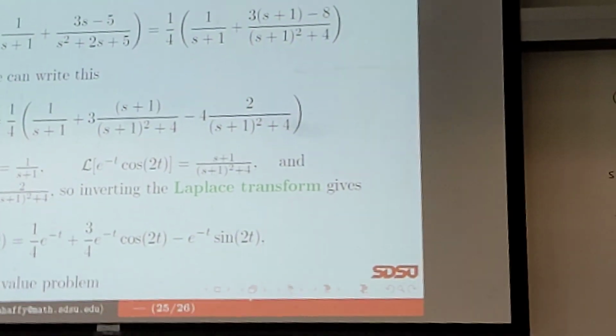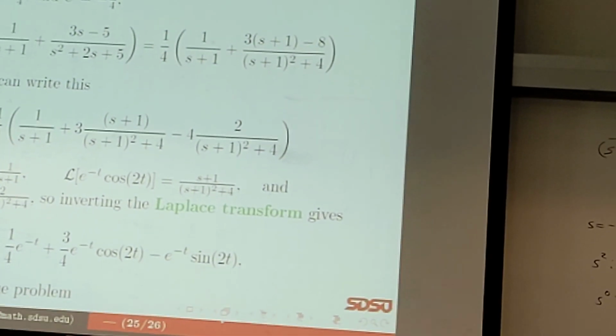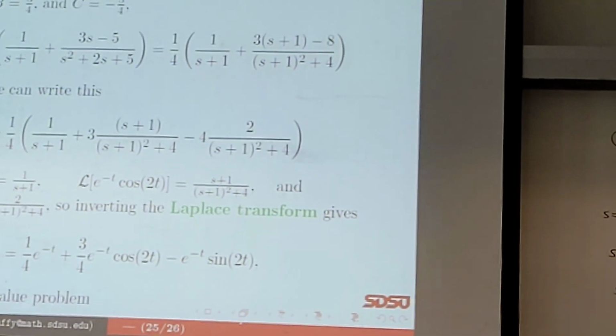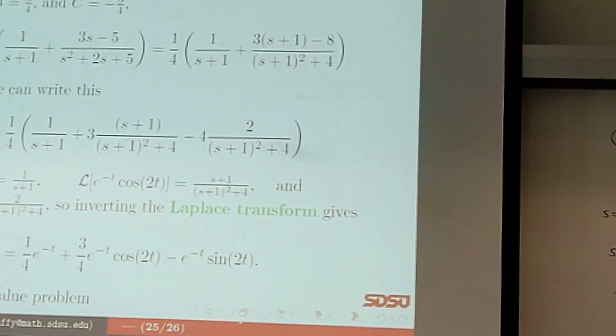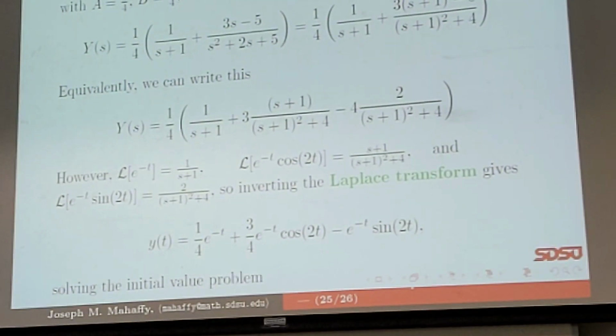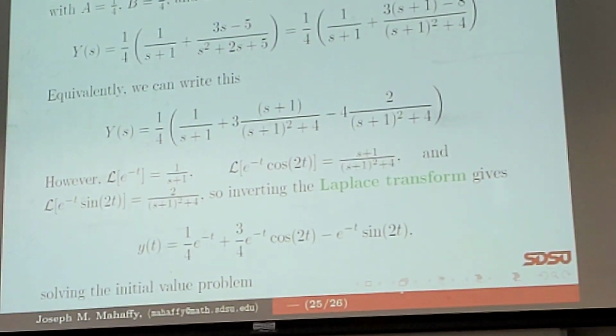Do your partial fractions decomposition, which is an algebraic manipulation, and then invert back, so you've got to make sure they match the elements on the table. Not almost match, exactly match.